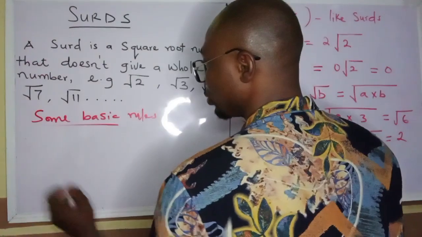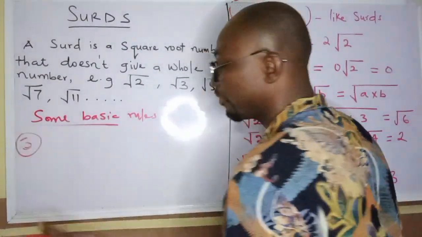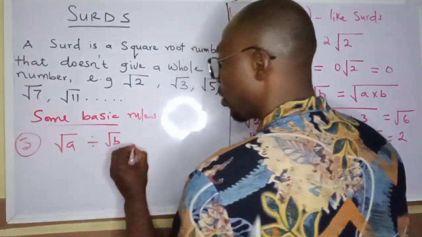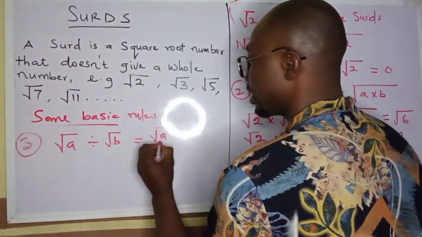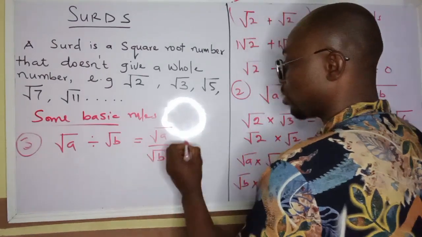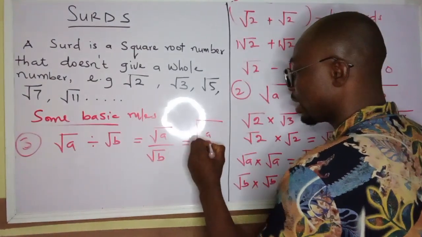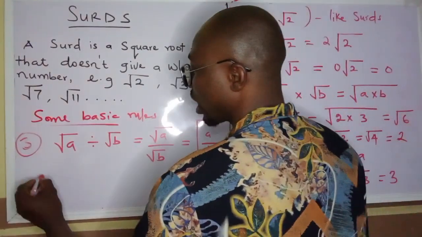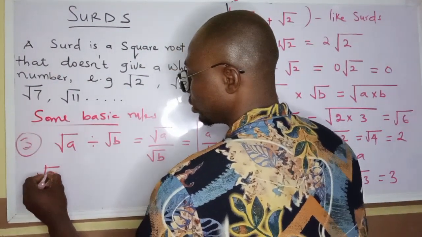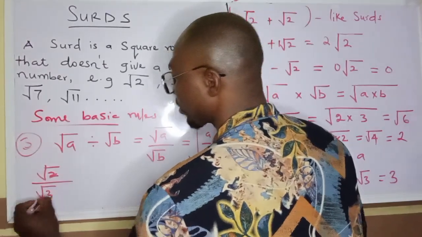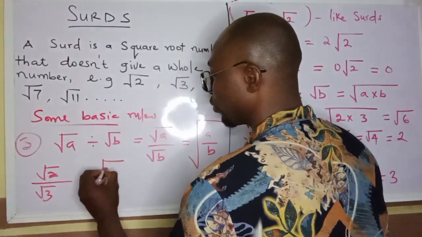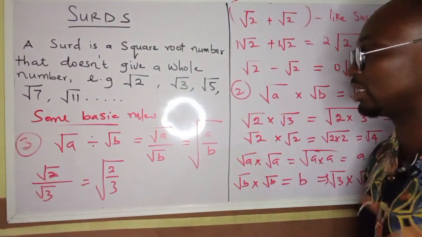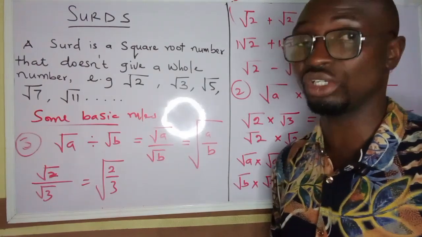In the division rule, if you have root A dividing root B, of course we can rewrite it as root A all over root B. This also becomes the square root of A over B. Which means if you have root 2 dividing root 3, this can also become the square root of 2 over 3. So that is that about the division rule.